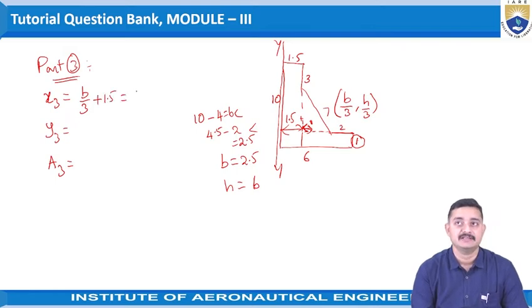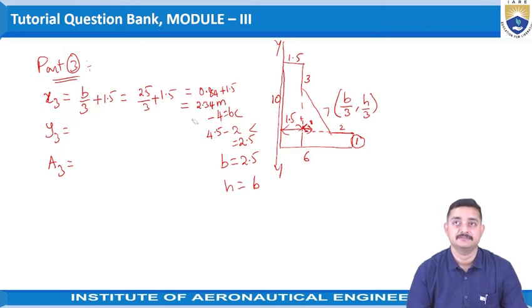So that can be taken as 2.5 by 3 plus 1.5, which gives 0.84 plus 1.5. That means the value is 2.34 meters.